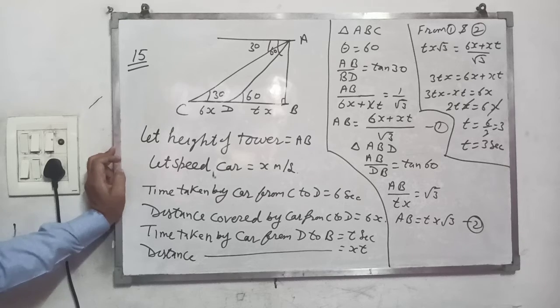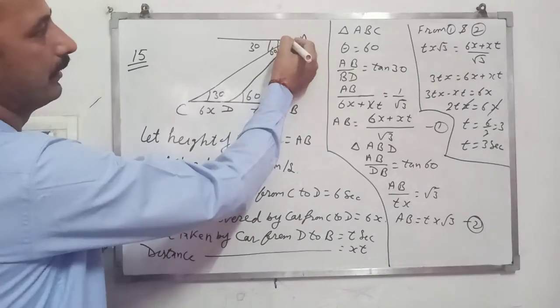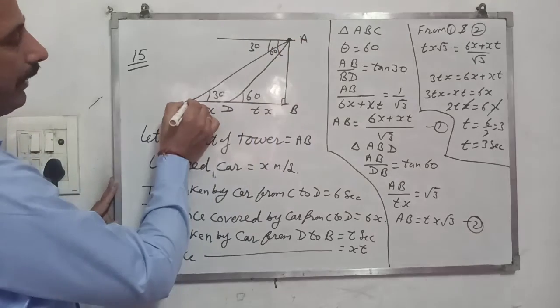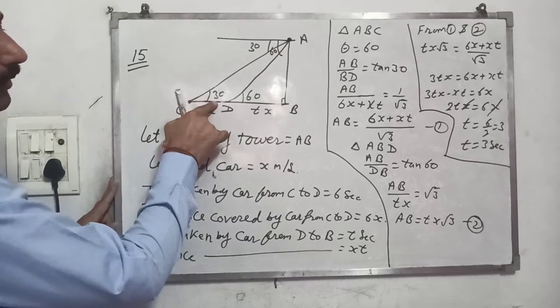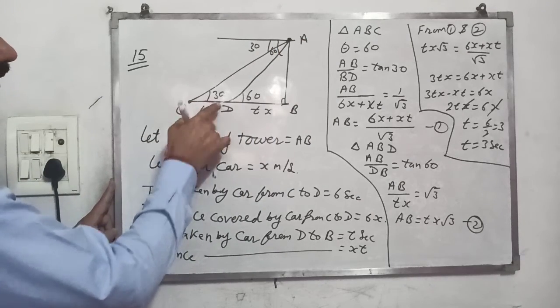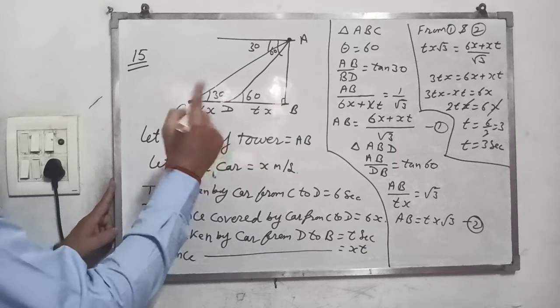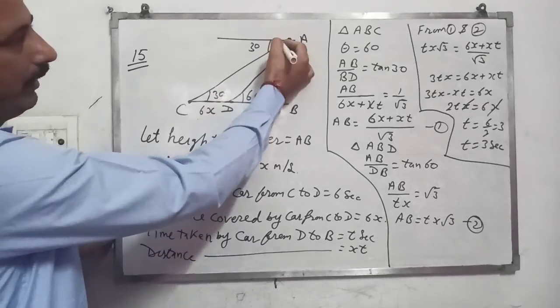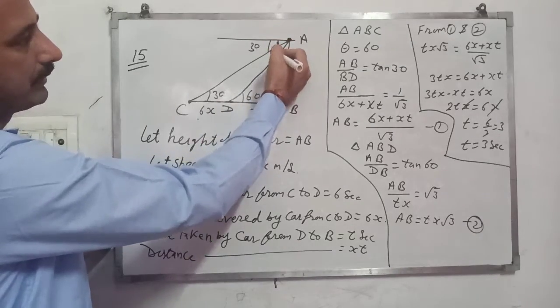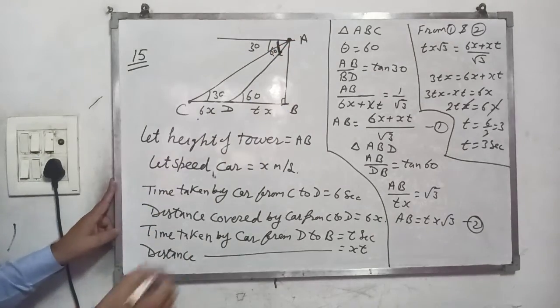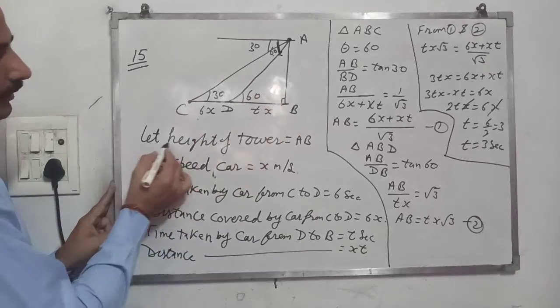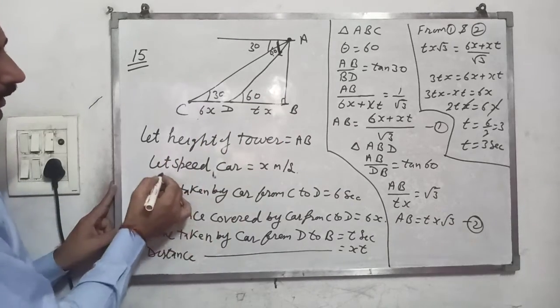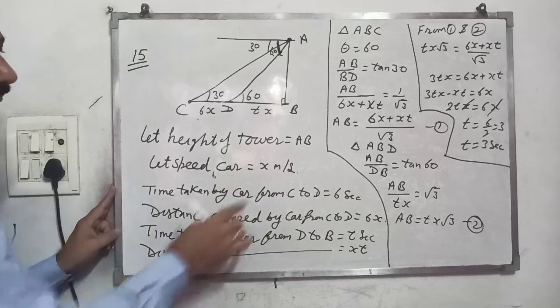So first, a person is sitting here. He observed that when the car is at point C, the angle of depression is 30 degree. And after 6 seconds, it comes to point D, and the angle of depression becomes 60 degree. Right? So let the height of the tower be AB and the speed of the car be x meter per second.